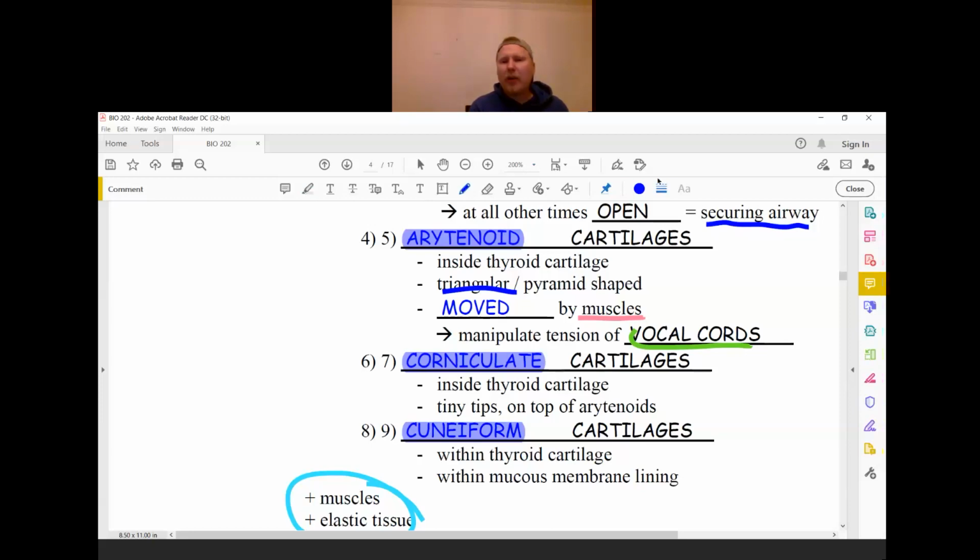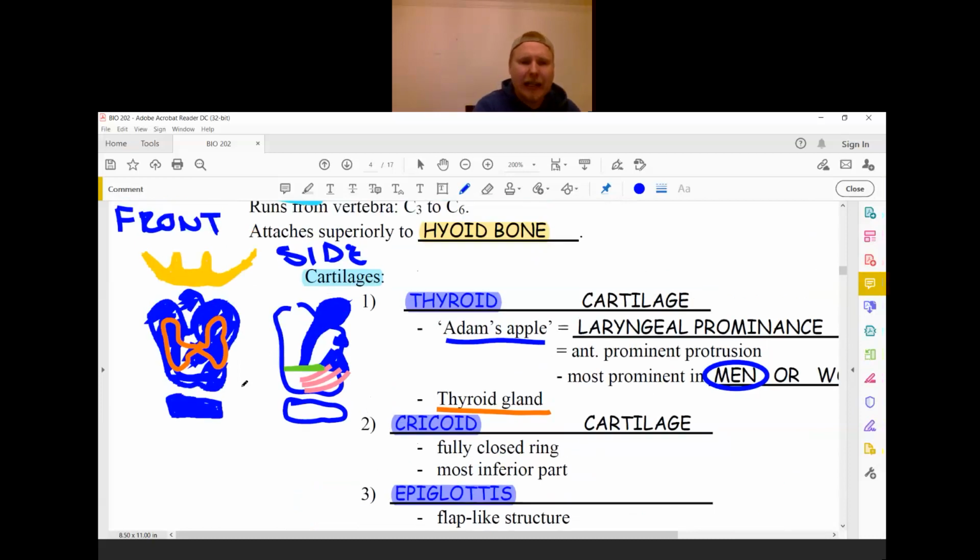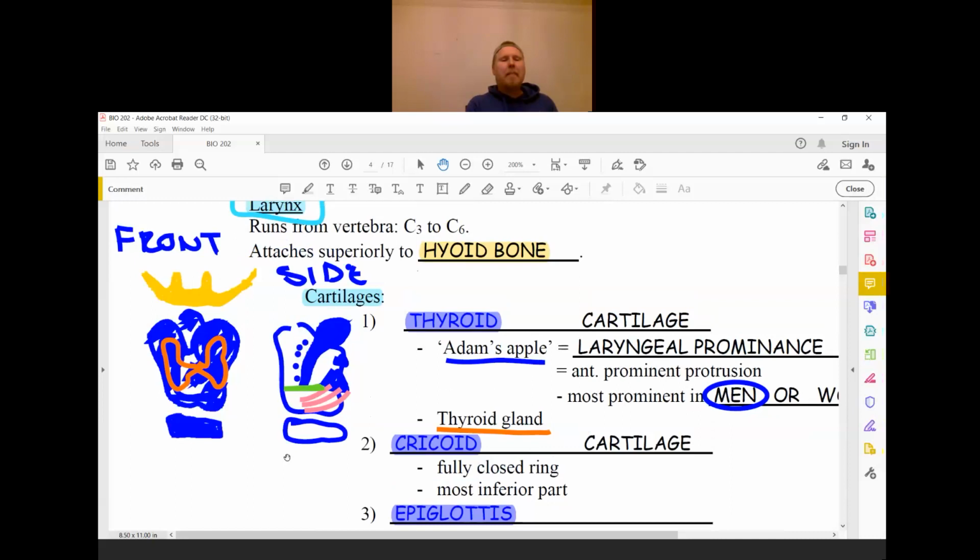These are actually harder ones to see because they are located within the mucous membrane lining of the thyroid cartilage, but they're located inside there. So those are the main parts of our larynx and what we need to know there.